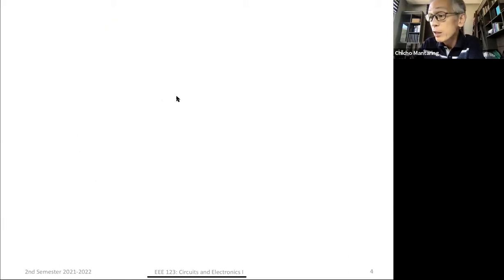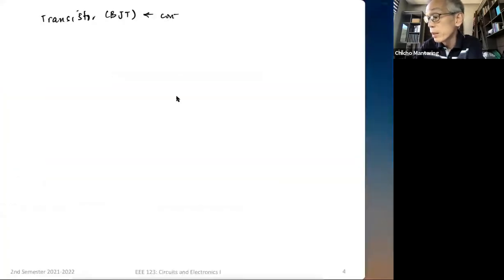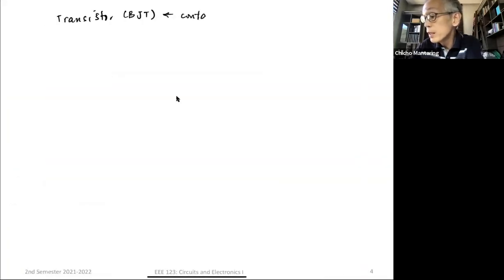Okay, a transistor, a BJT, in particular, a bipolar junction transistor, this contains two junctions. Okay, you actually have two types of BJTs.